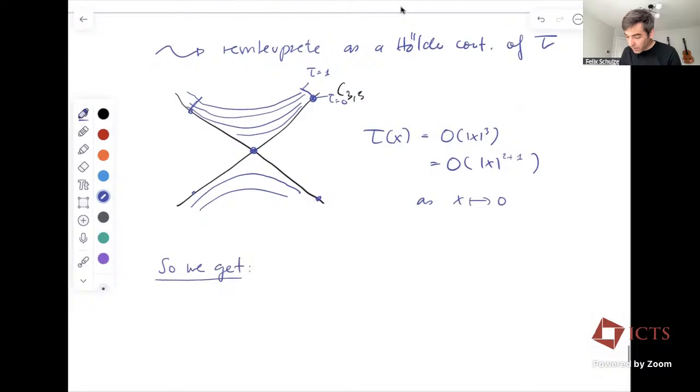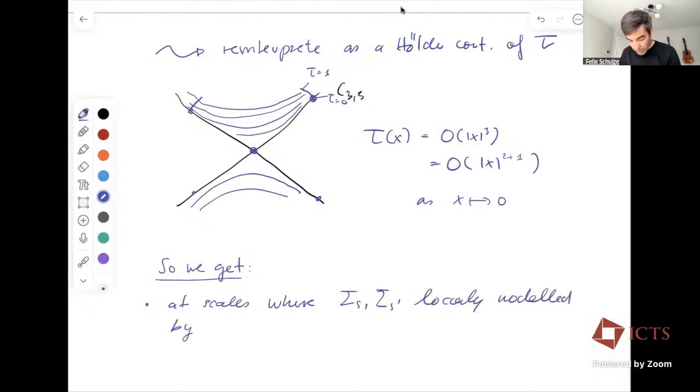Let's say at scales where sigma s and sigma s prime are locally modeled by a minimizing cone C, we know that the combined singular set of all these in between is coarsely of dimension spine of C. That's what we argued already before.